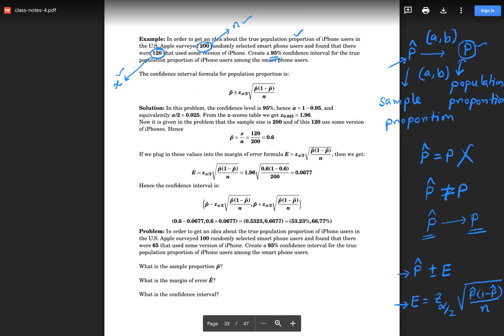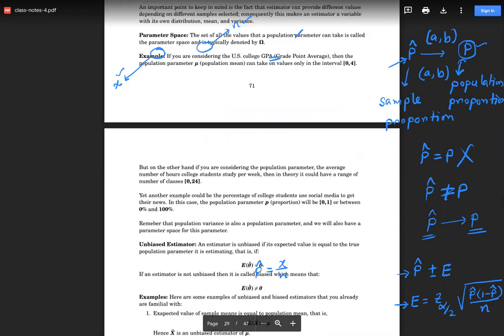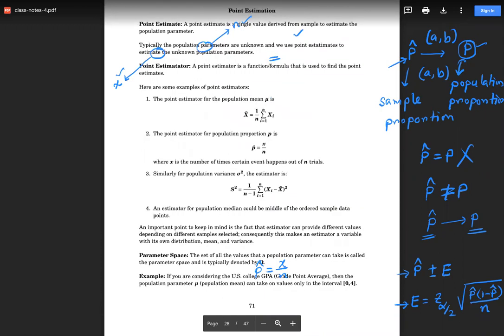Remember, P hat is defined as X over N. If you recall, I have done it here somewhere. See, there you go. So these things build on top of each other. It is important that you be familiar with the basic stuff and then go progressively into more difficult stuff. So these definitions are crucial for you to understand.